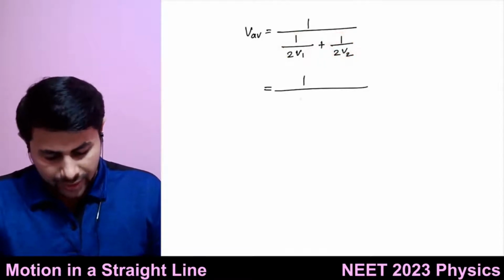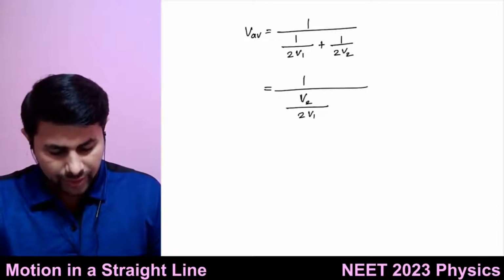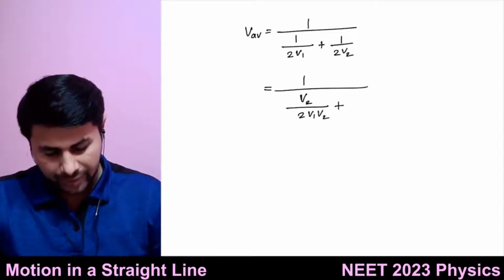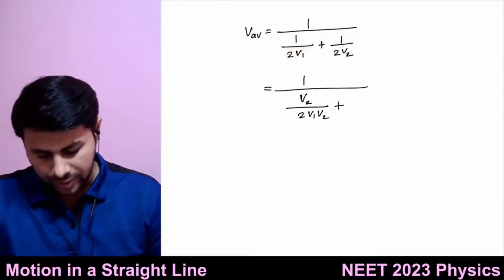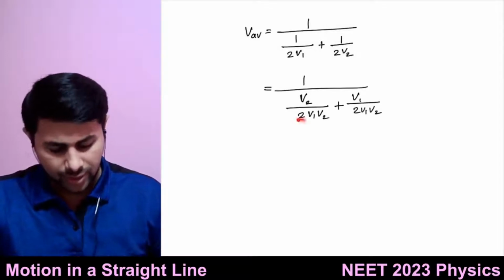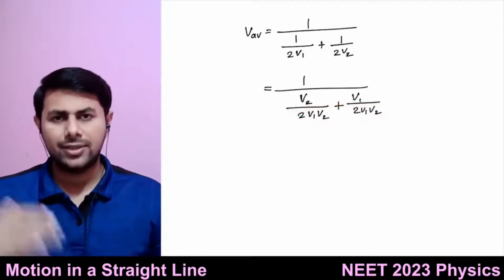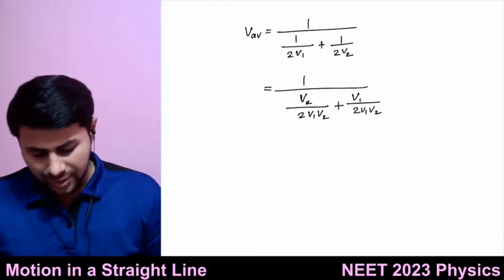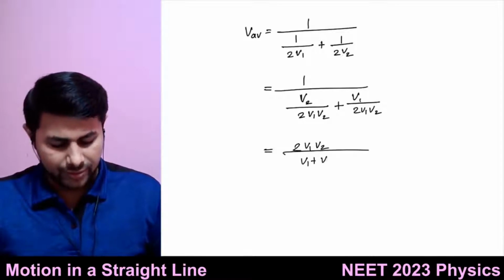So I get V2 divided by 2V1V2 plus V1 divided by 2V1V2. Now the denominator is the same, you can take it common, and it is the denominator of the denominator, so you can take that to the numerator. So this is 2 times V1V2 divided by V1 plus V2.